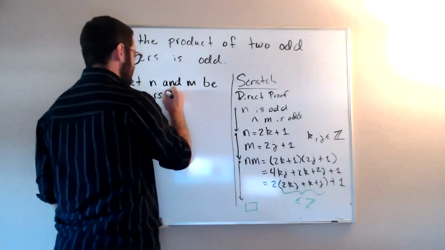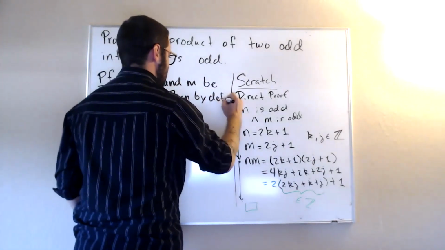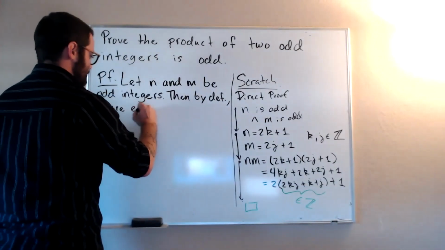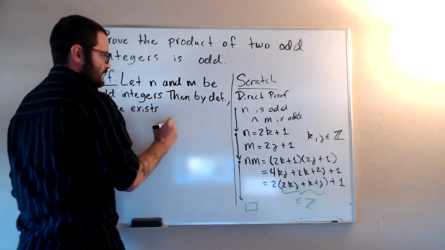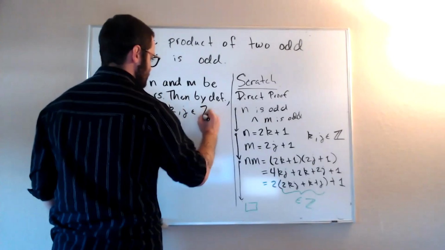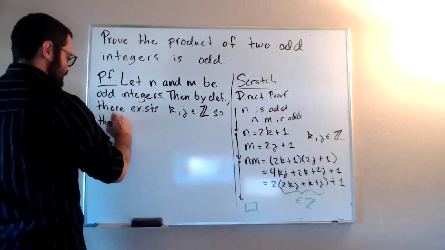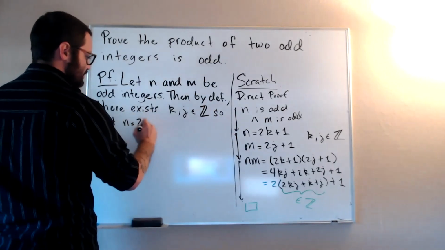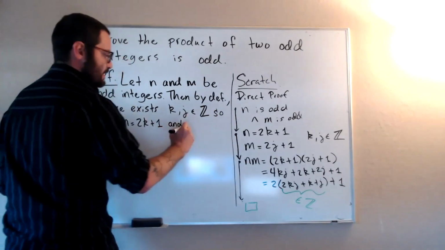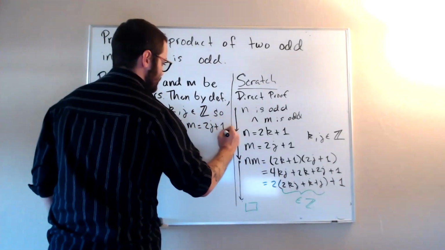So then by definition, there exist integers k and j so that n is equal to 2k plus 1 and m is equal to 2j plus 1.